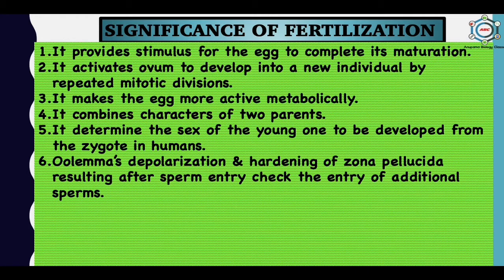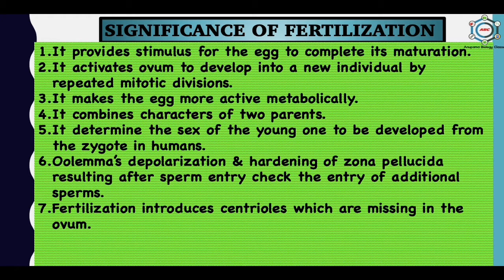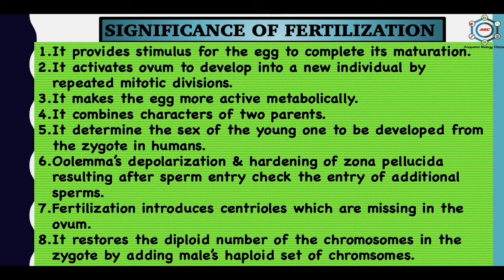Depolarization and hardening of the zona pellucida after sperm entry check the entry of additional sperms. Fertilization introduces centrioles, which are missing in the ovum. It restores the diploid number of chromosomes in the zygote by adding the male's haploid set of chromosomes. So these are the significance of fertilization.